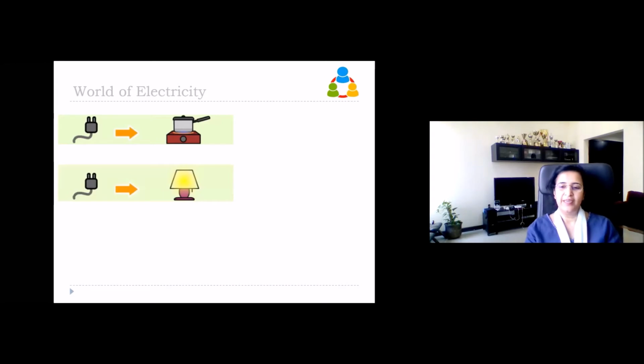Now here, electrical energy is converted into what? Yes, Megha, it is light, right? When we plug in this table lamp, it produces light.